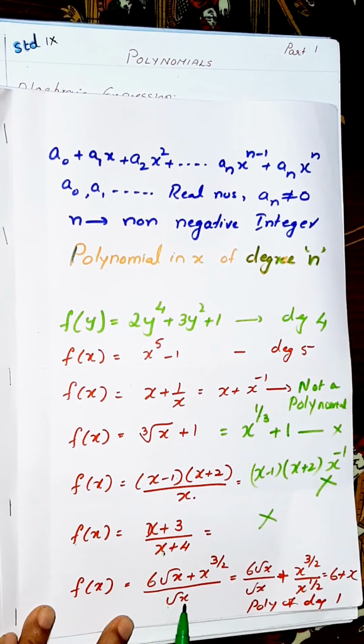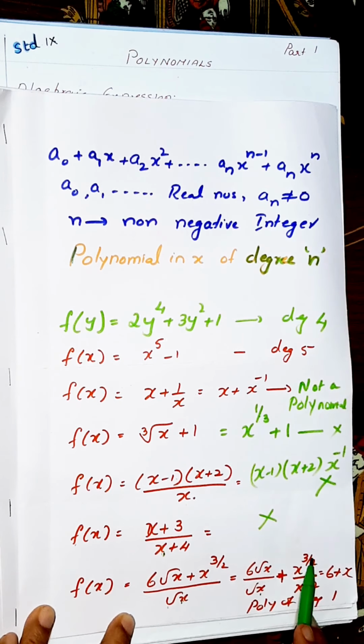Coming to this, immediately when you see this, it is root x, so x to the power of half. So it is not an integer. But immediately you should not say it is not a polynomial, because now you have to simplify this. The denominator we will do separately. 6 root x by root x plus x to the power of 3 by 2 by root x, which is x to the power of half.